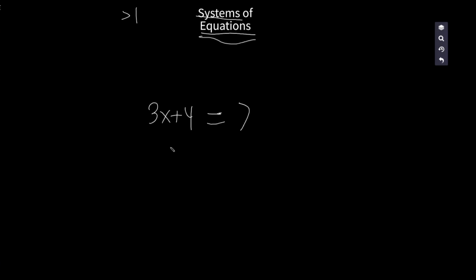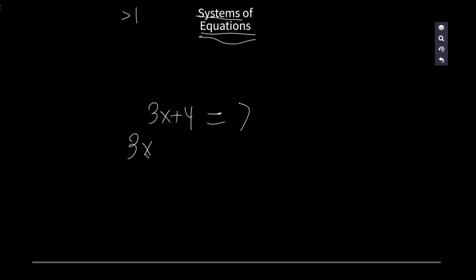What if we have something like, well, two variables, like 3x plus 4y equals 7? Well, in this case, you kind of have infinite solutions. You can have x equals 1, y equals 1, x equals 2, y equals 1 over 4.